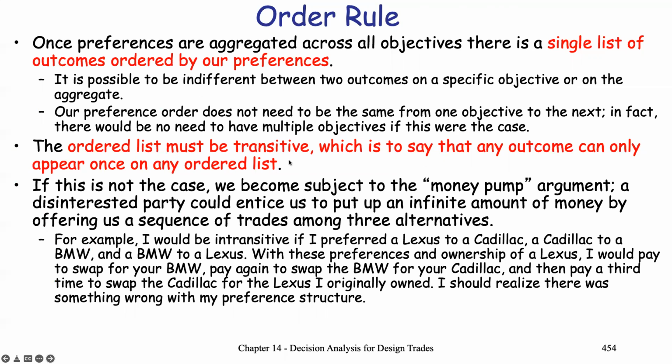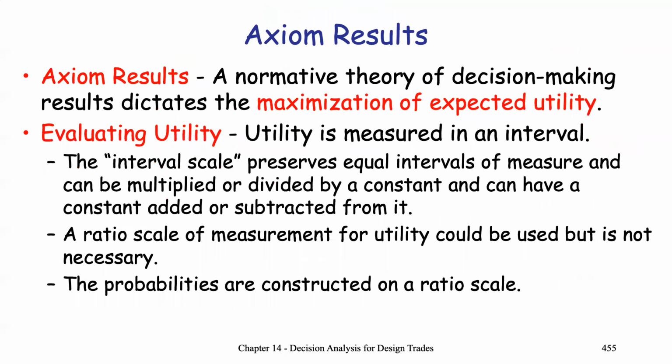The ordered list must be transitive. That is to say that any outcome can only appear once on any ordered list. And so this then talks about, well, if this is not the case, we become the subject of a money pump, and we give an interesting analogy with cars of how, if you like this more than that, and like that more than this, then you could end up having some circular type of rationale, and that wouldn't work.